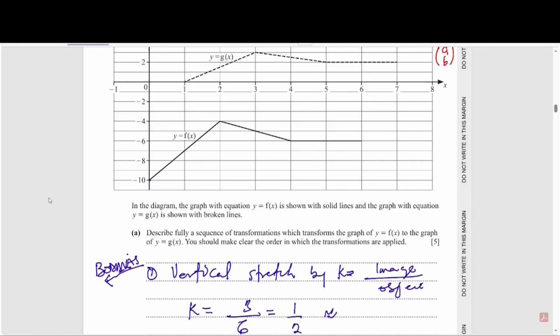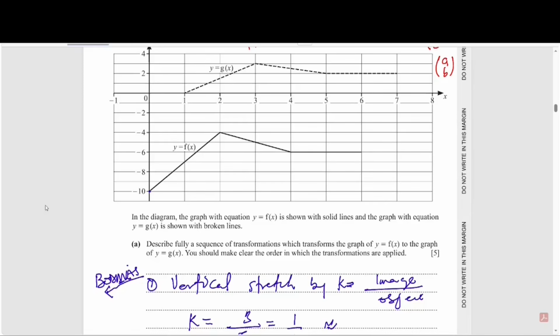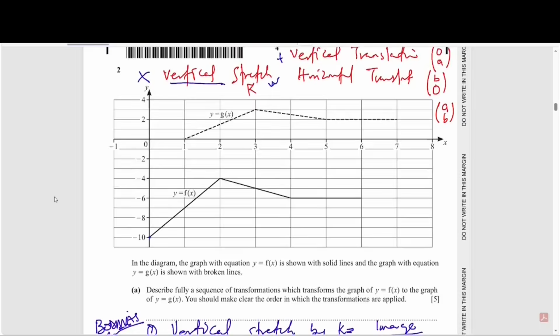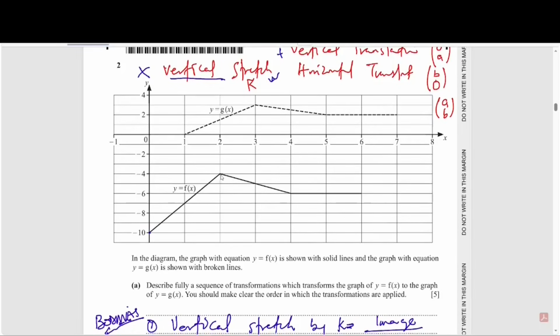We're going to apply that transformation to f of x and find out the result before we identify the horizontal and vertical translations. Because the stretch is vertical and by half, we just pick some important parts of the curve and apply the half to it. Because it's vertical, it only affects the vertical axis, the y component.